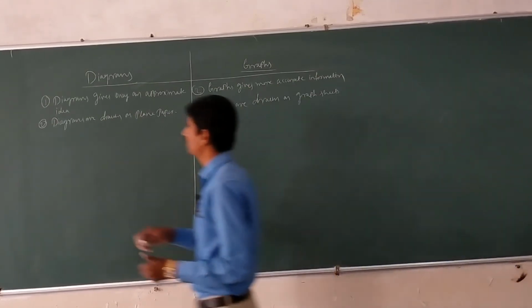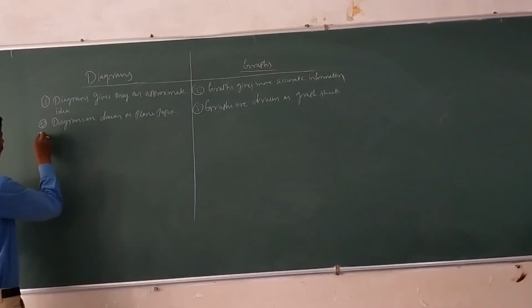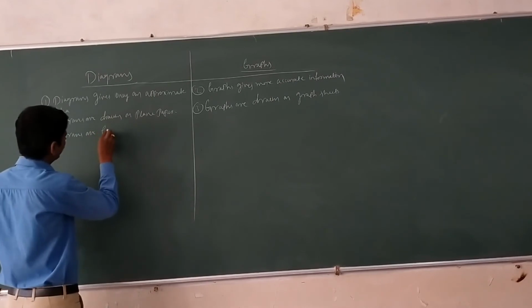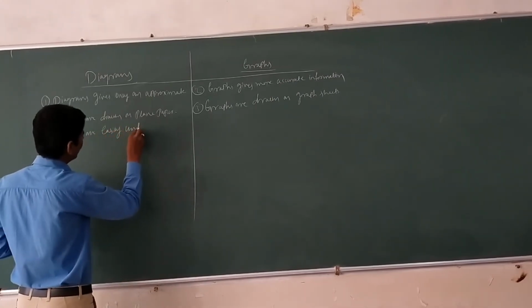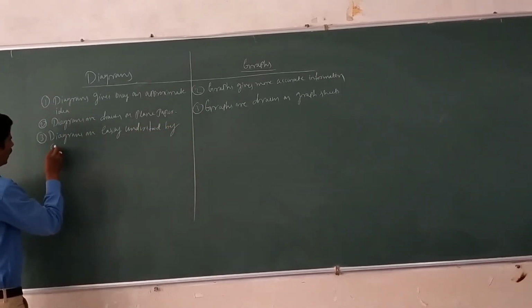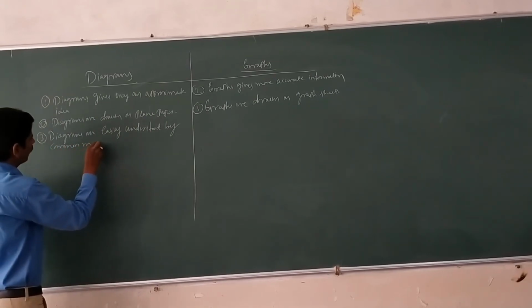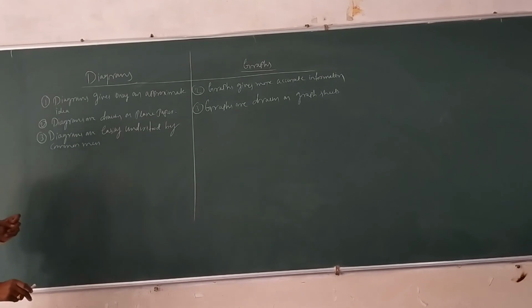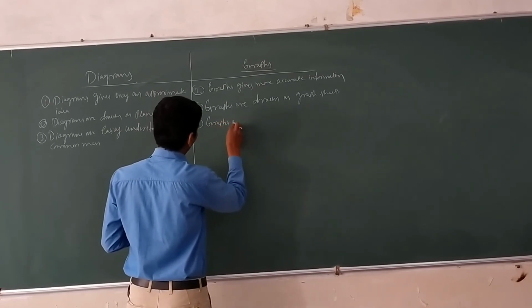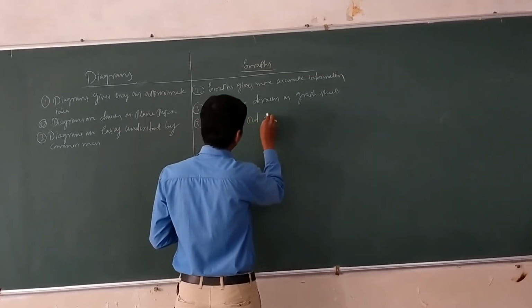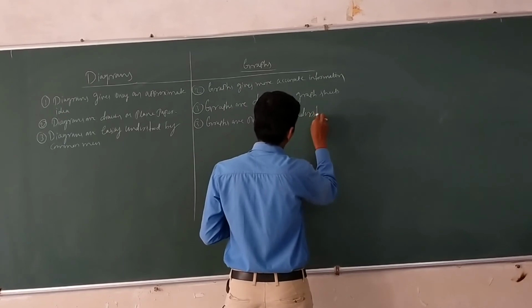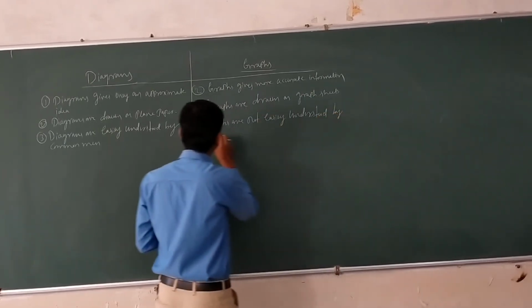The next difference, third one: diagrams are easily understood by the common man, and graphs are not easily understood by the common man.